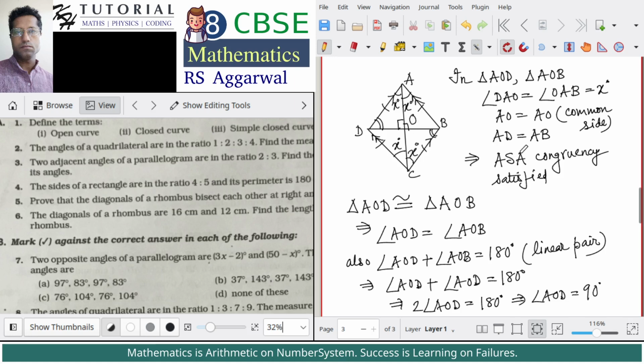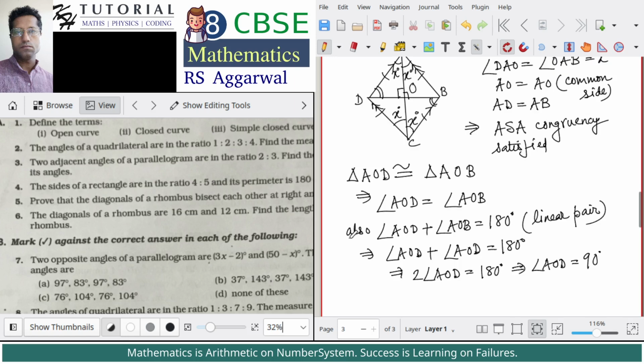Hence the two diagonals are perpendicular, intersecting at right angles. So this proves that AC and BD intersect at 90 degree or one right angle. Hence it is proved.